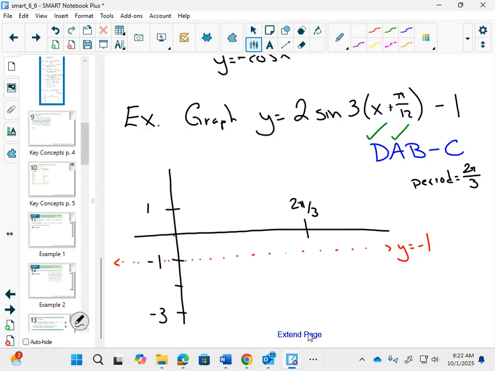Then I take that section and divide it into 4 equal sections. So half of 2 pi over 3 is pi over 3. Half of pi over 3 is pi over 6. And this would make this 1, 2, 3 pi over 6, which you could write as pi over 2, or you could leave it as 3 pi over 6.